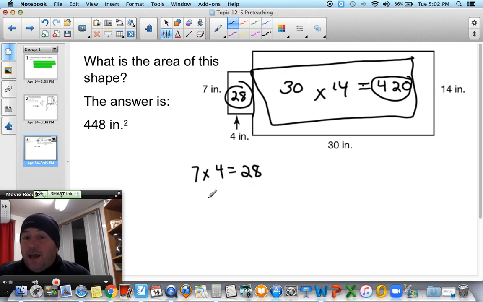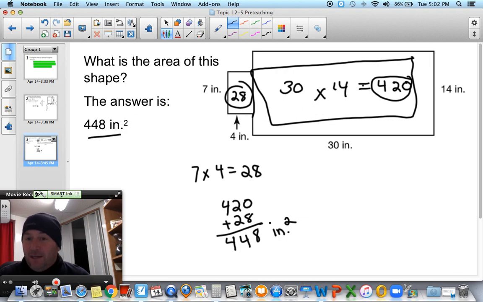So if we add 420 to 28, we see that we have 8, we have 4, and we have 4. And so that gives us our 448 square inches for the area. And that's how they came up with that answer, okay?